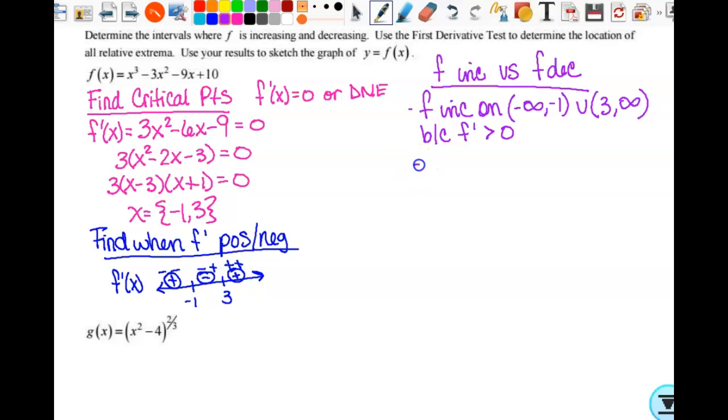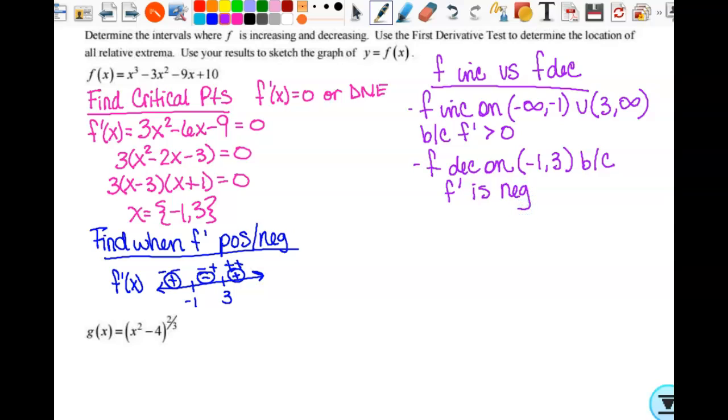And then we can say f is decreasing. Do we close these parentheses? No, because this is always going to be on an open interval. Okay, good question. Decreasing on -1 to 3 because f prime is less than 0, or I'm going to say is negative this way.